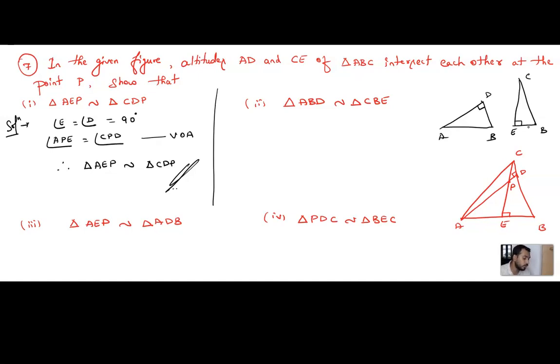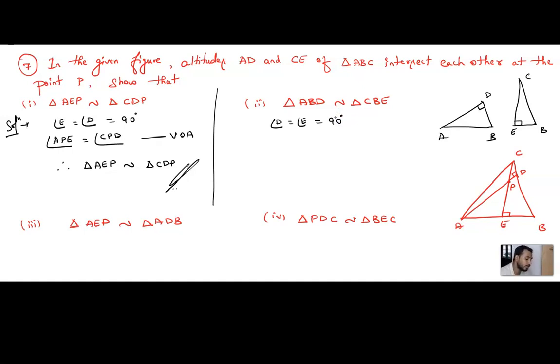So what do we know in both the triangles, triangle ABD and triangle CBE? We know that angle D equals angle E equals 90 degrees, as we have done in the last case. In triangle ABD, angle D, and in triangle CBE, angle E, both are equal to 90 degrees. And what do we know in the other case?